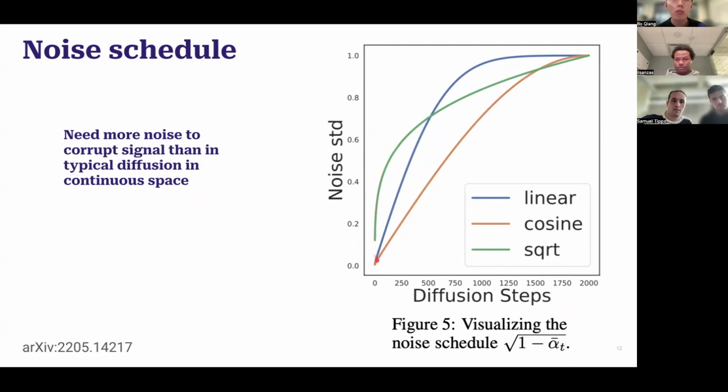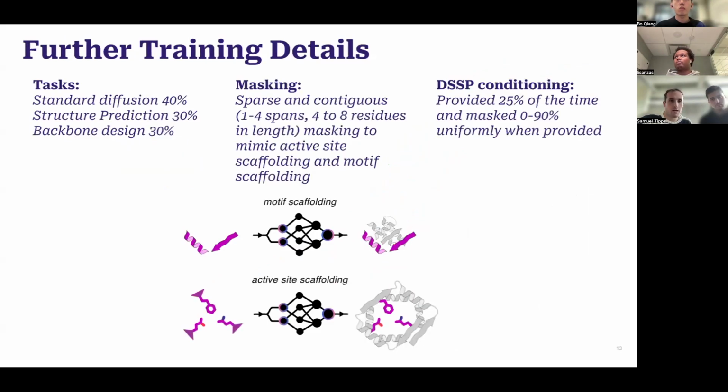What that means is you are corrupting the ground truth tensor with more noise earlier on, which washes out any signal earlier from the one hot encoding that we're initially featurizing with. We found that the square root schedule worked best for us, and following the advice of the LM diffusion people, we went forward with that.